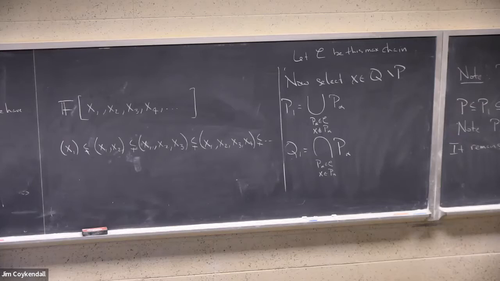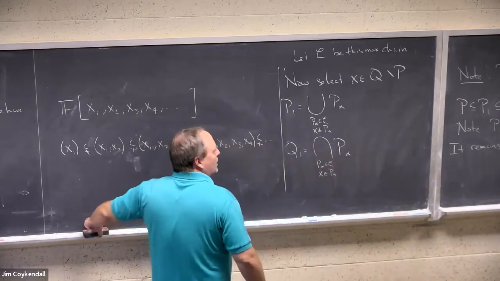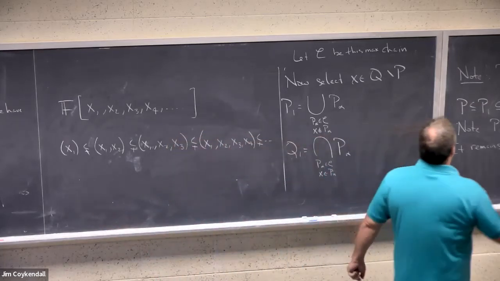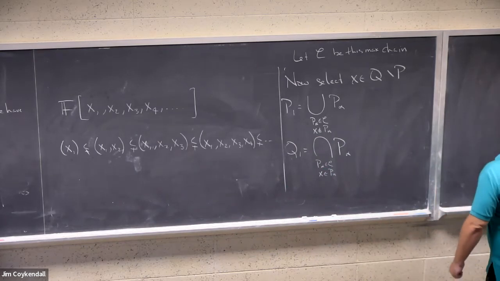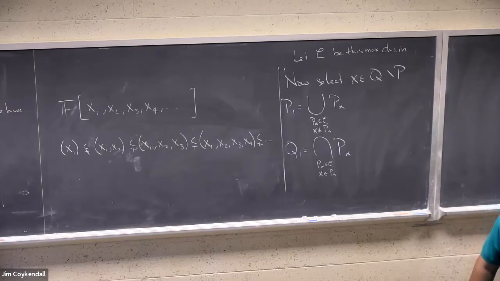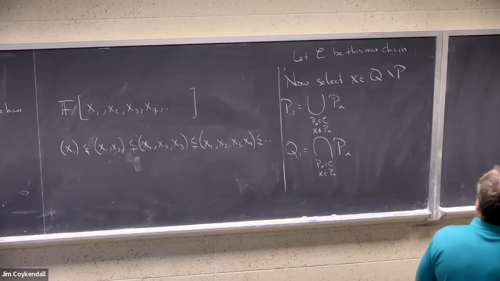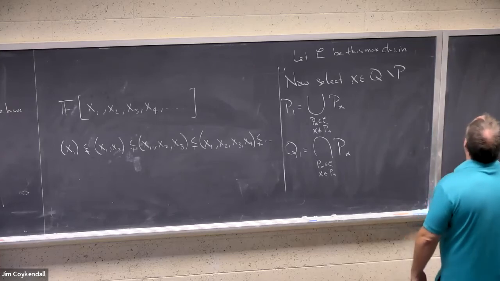Oh, good stuff. This is actually kind of weird. Which is bigger? The natural numbers or the rational numbers? They're the same, right? They're both countably infinite. Let's consider this ring here.